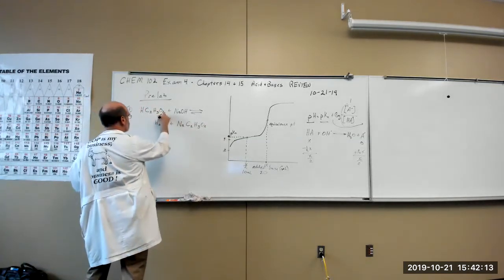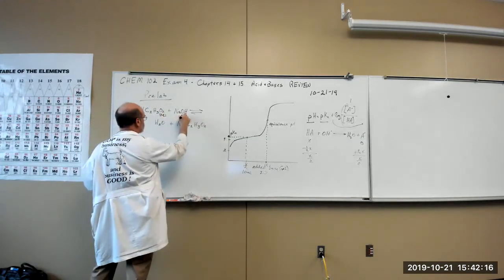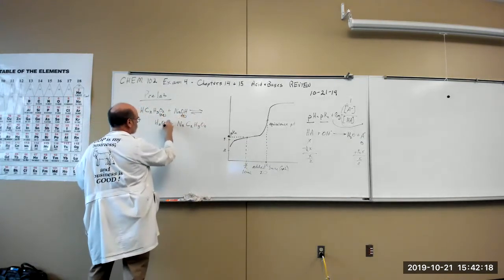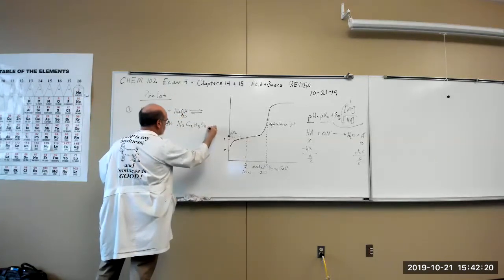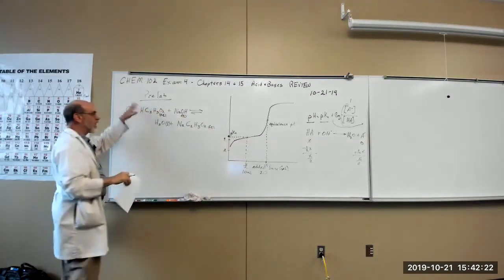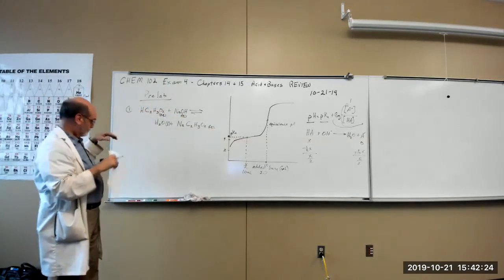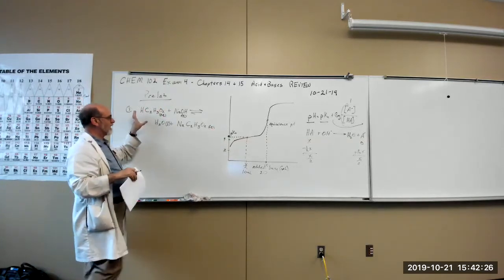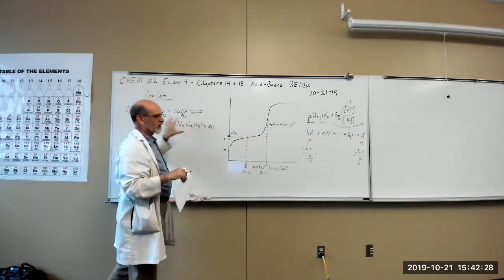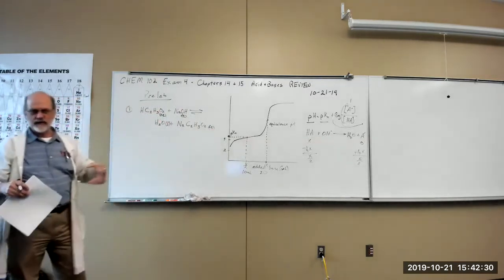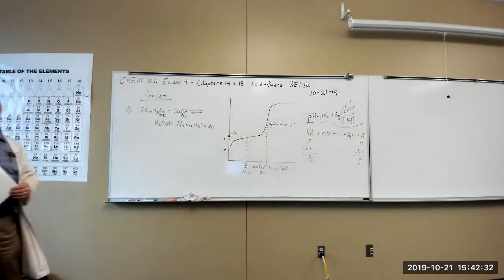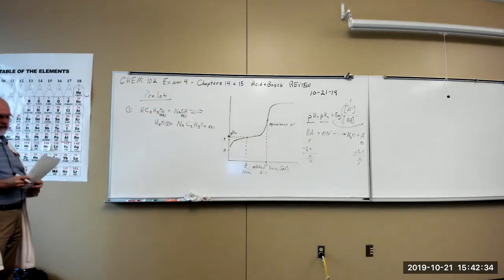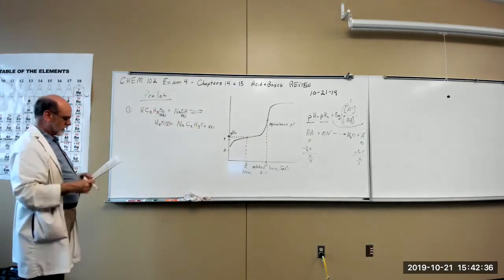This is an aqueous solution. This is aqueous, that's pure liquid, and this is aqueous. So everything's soluble. We represent the balanced equation in molecular form, even though we know that they're really ions in solution. But the question was asking you for the molecular equation.